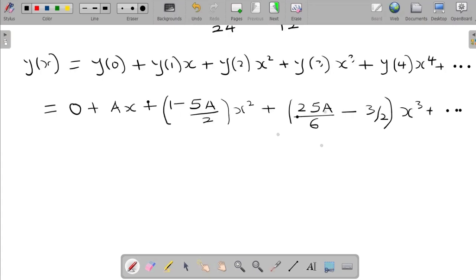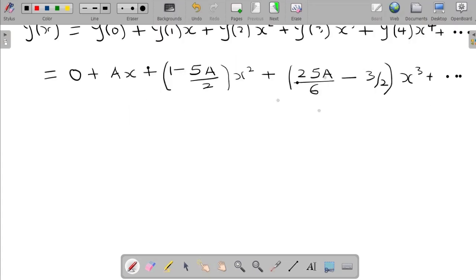So the next thing we want to do is how do we obtain the value of a? To obtain the value of a, we are going to apply this condition, y of 1 equal to 1. This means that at x equal to 1, y is equal to 1.